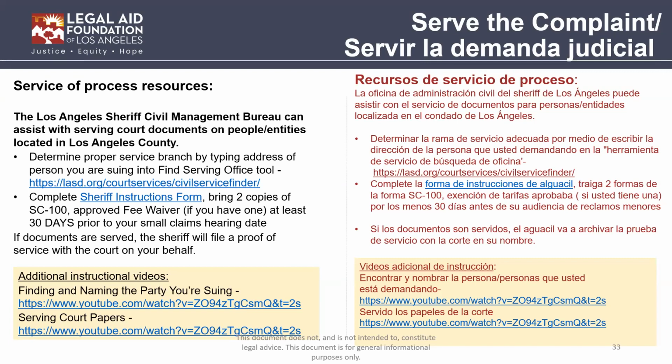You can find more information about how to utilize the Civil Management Bureau for service by going to the LA County Sheriff Civil Management Bureau webpage and completing the instruction forms to drop off the documents at the proper sheriff serving office. Additionally, if you would like some more information on finding the landlord and serving court papers, the videos in the yellow boxes here are great resources to hear it explained again by somebody else.